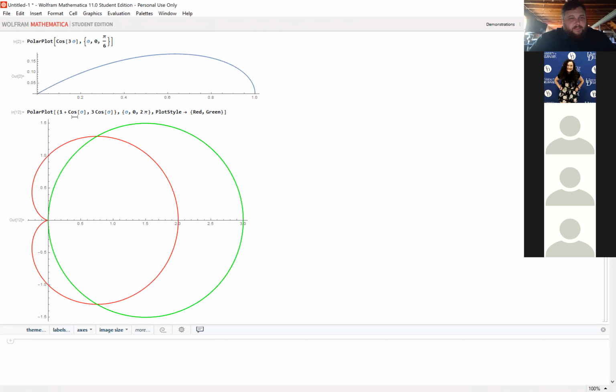1 plus cosine theta, some people think resembles a heart, which is kind of where it gets its name from, right? It's a cardioid. Now the problem here says the area inside the cardioid and outside the circle.